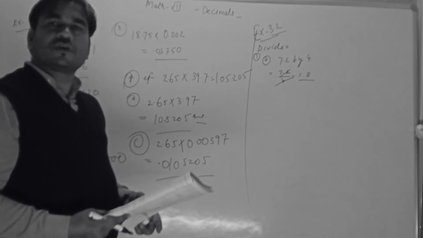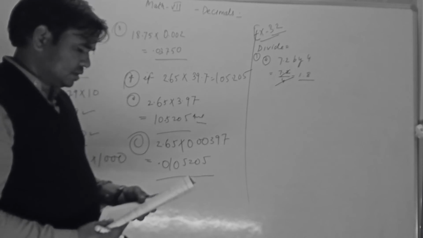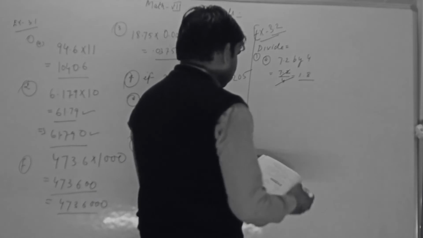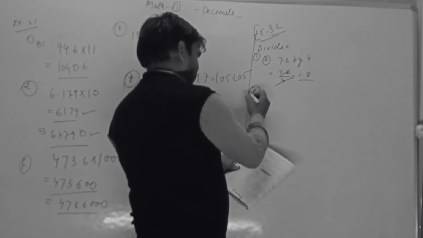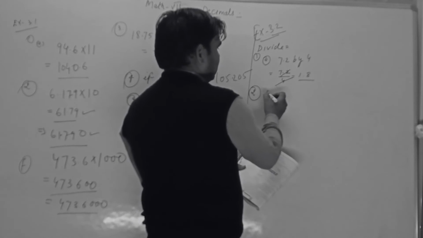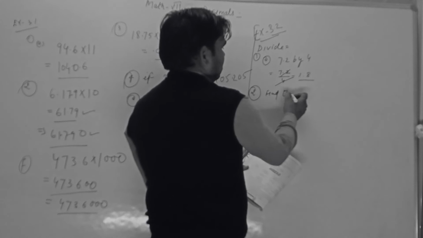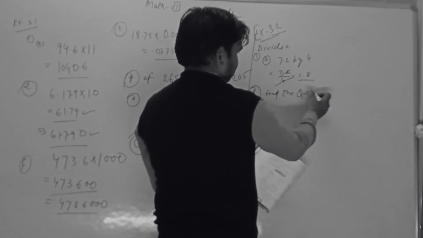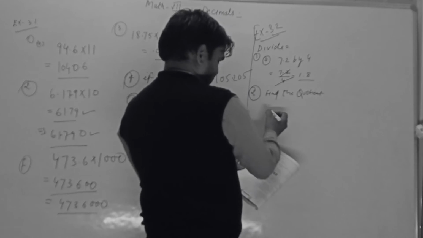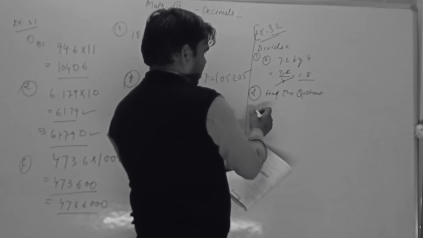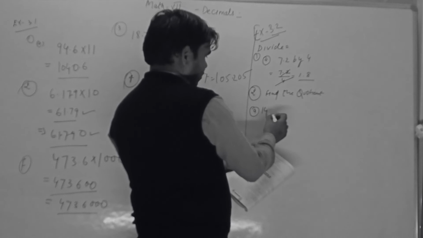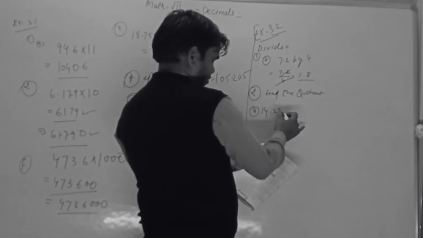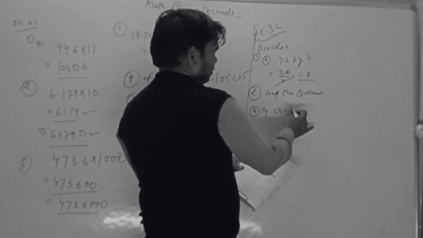In the same way you can do this. And second, you see, find the quotient. Find the quotient. So the A part here is 143 divided by 10.